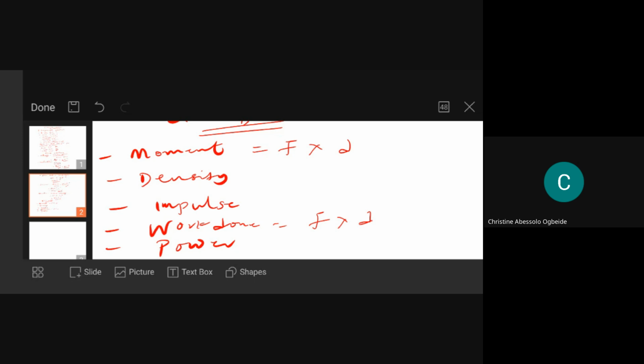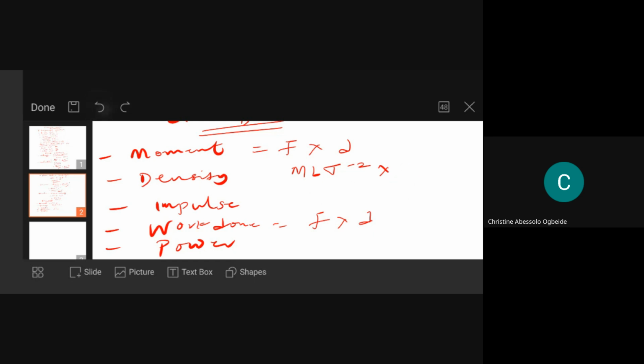So F times s is your work done, and F times s is also your moment. The dimension for force is MLT minus 2, multiplying distance, which has dimension of L. So this will give us ML to the 2, T minus 2. And that's exactly what she has answered. So both work done and moment have the same dimension.